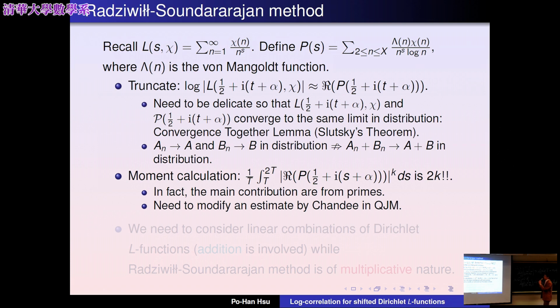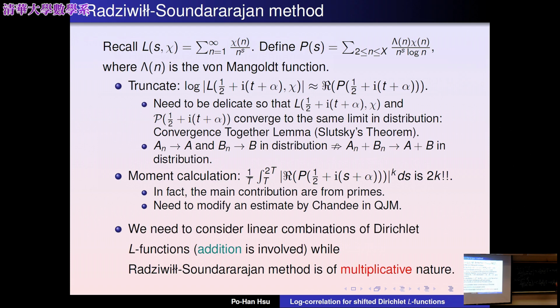But here, what we need is a precise equality to something plus some other error. So we need to modify her work, I believe it's her, to get a precise equal sign. And this is, again, tedious because we need to track every detail in her proof.